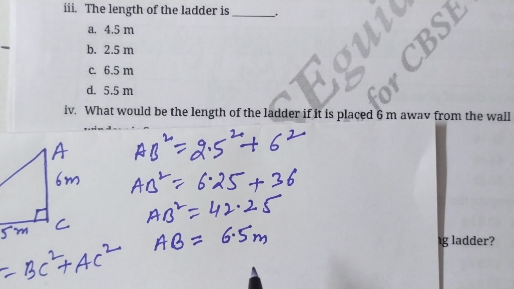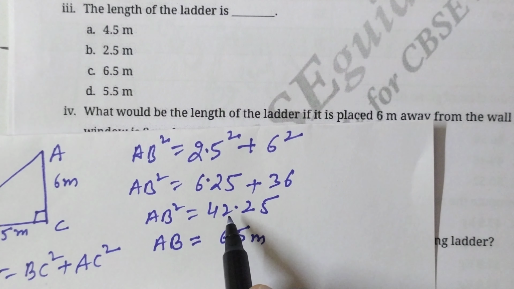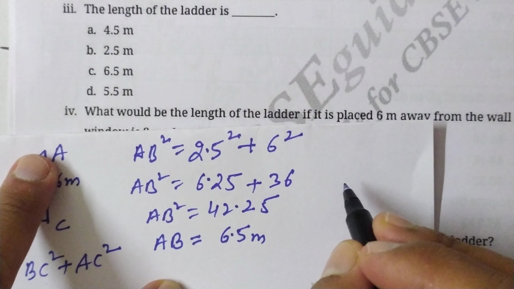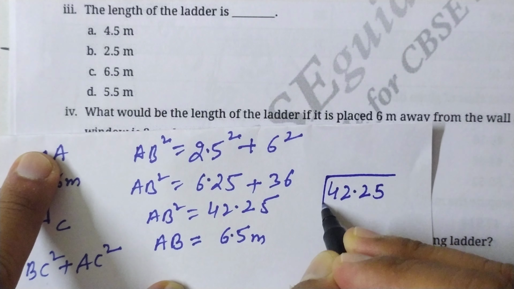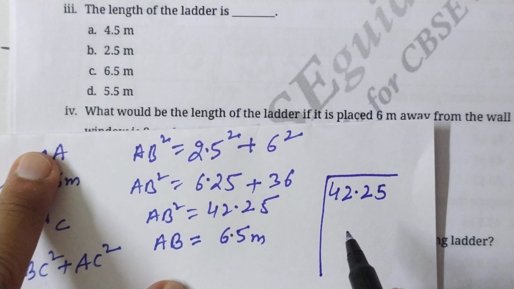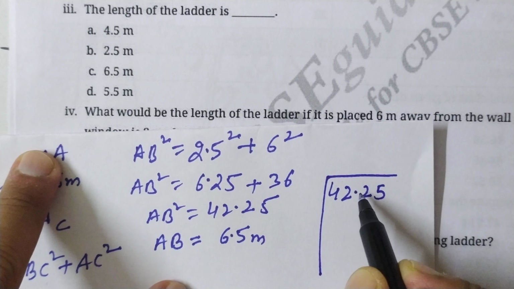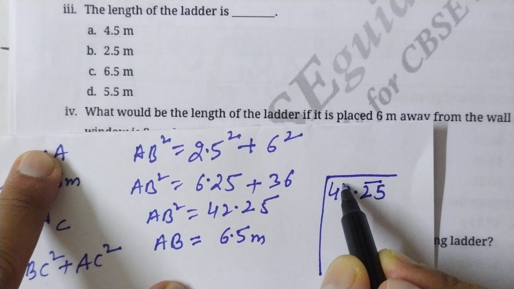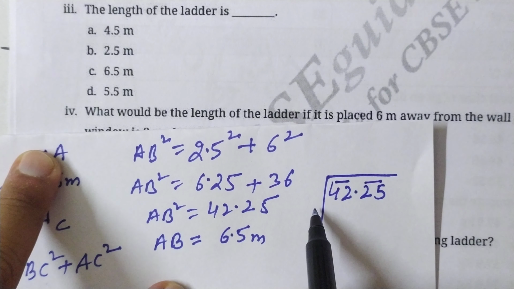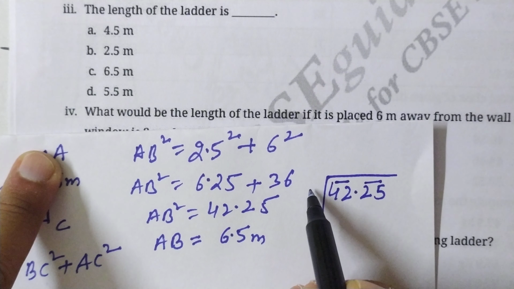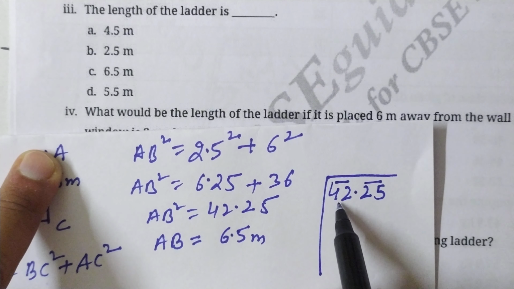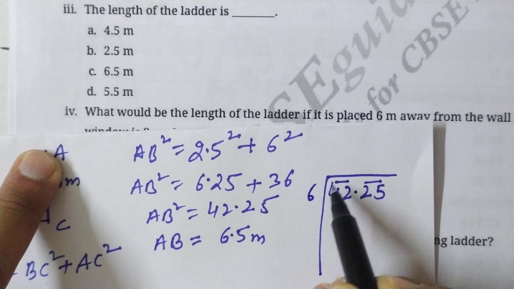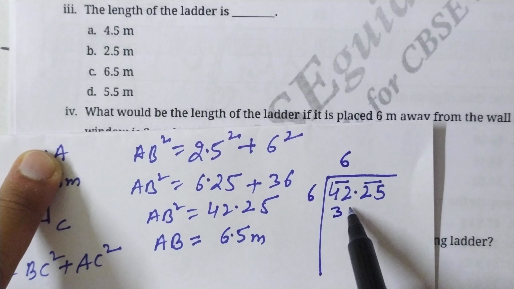If some students do not know how to find out the square root of 42.25, then I'll show you here. So 42.25, this is square root symbol. What we do, we'll make pairing from the decimal. So pair and here also pair. Now read the table of square. 1 square 1, 2 square 4, 3 square 9, 4 square 16, 5 square 25, 6 square 36, 7 square 49. So it is more. So it is going with 6 square. 6 into 6 is 36.